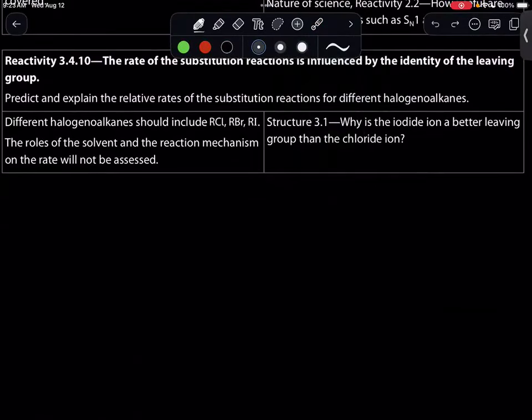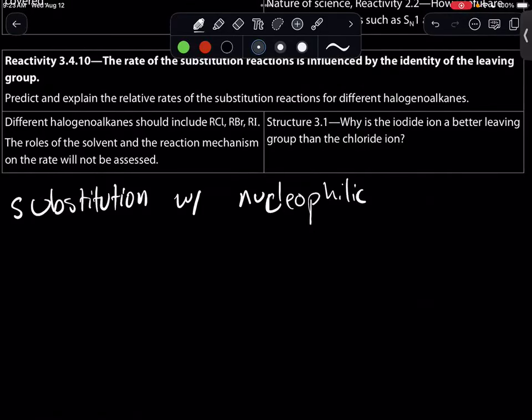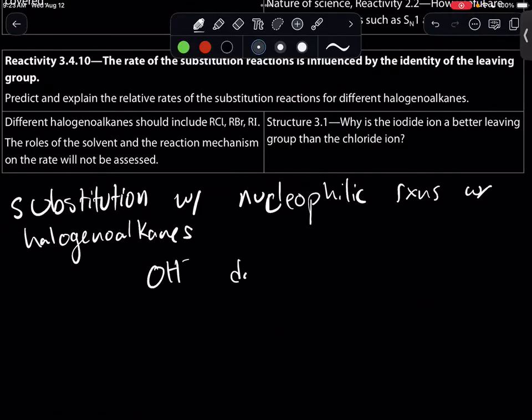So we already have substitution with nucleophilic reactions with halogenoalkanes. We've seen an OH minus displace some leaving group X that's bonded to something.